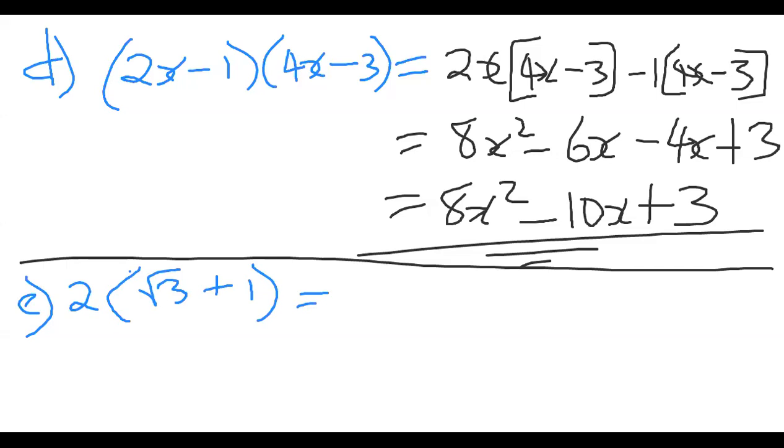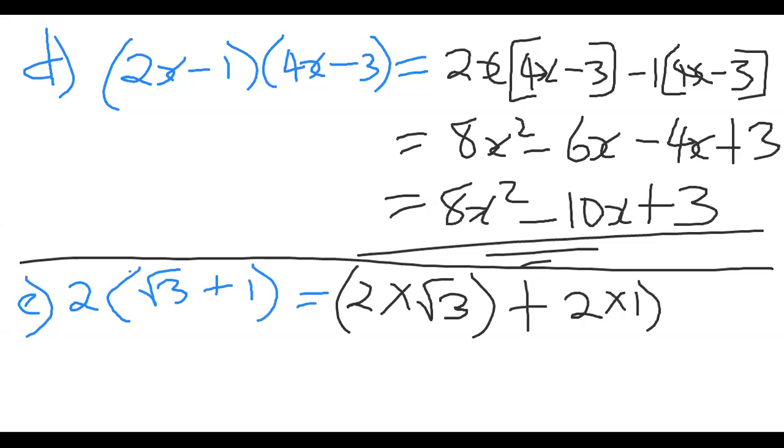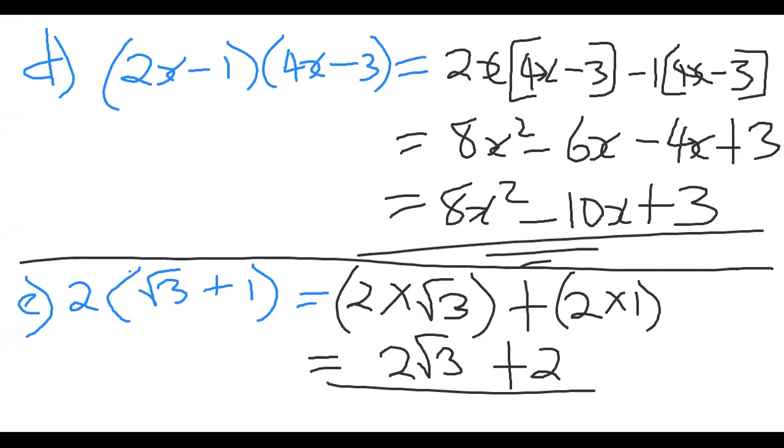This is the same as 2 times root of 3 plus 2 times 1. Remember, we're not using a calculator anywhere other than proving maybe. We shall say that this is the same as 2 root of 3, then plus 2. And that is our answer.